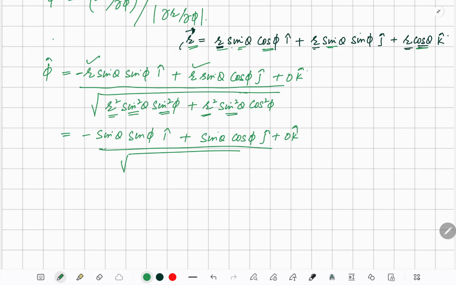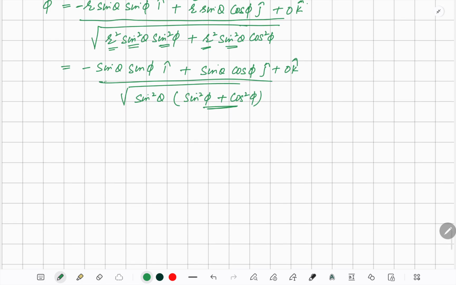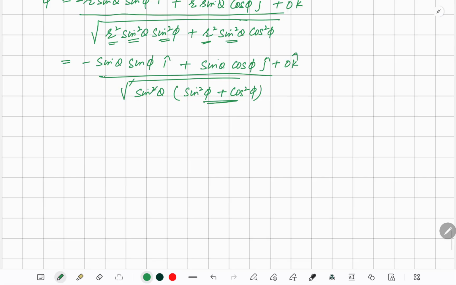Here we can take sin square theta as common. There would be sin square phi plus cos square phi, which is 1, and then the root and square get cancelled, so there is sin theta, and that sin theta will get cancelled with this thing. So there remains only minus sin of phi i cap plus cos of phi j cap plus 0 k cap.